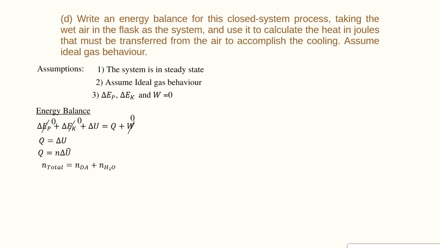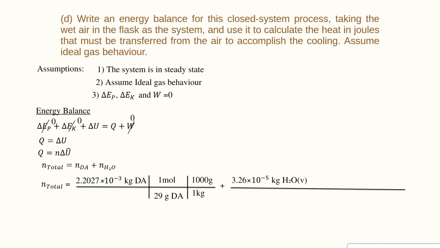After that, we need to calculate the N total, which is N dry air plus N H2O. So the N total equals the mass of the dry air divided by the molecular weight of dry air and multiplied by the conversion factor, plus the mass of the H2O divided by the molecular weight of H2O and multiplied by the conversion factor.